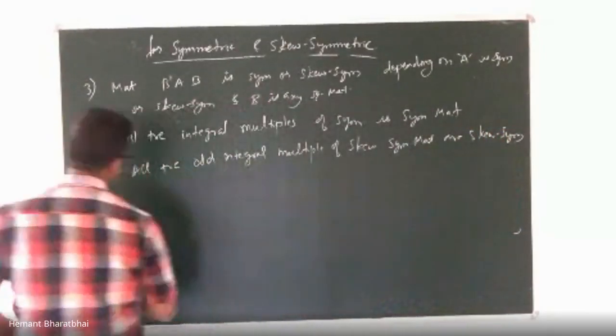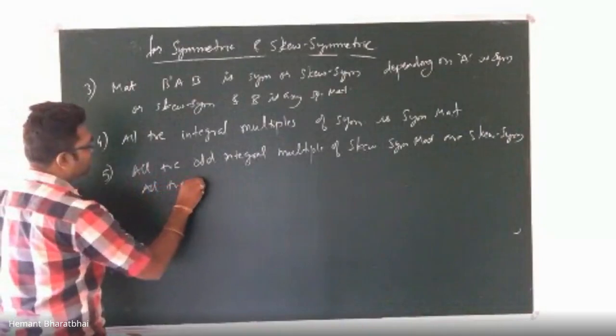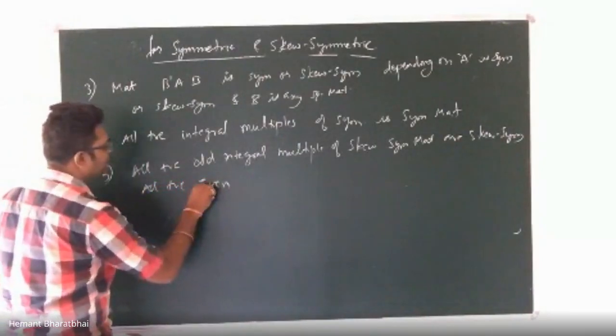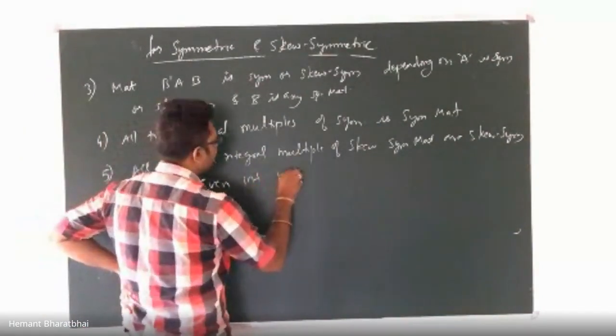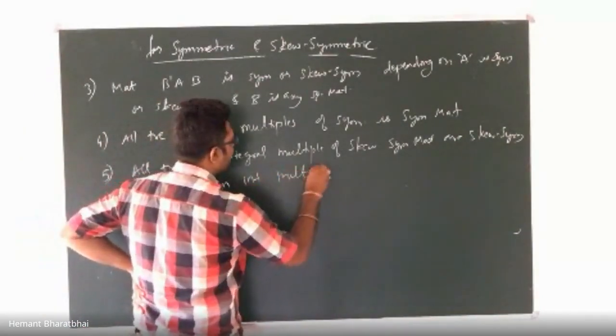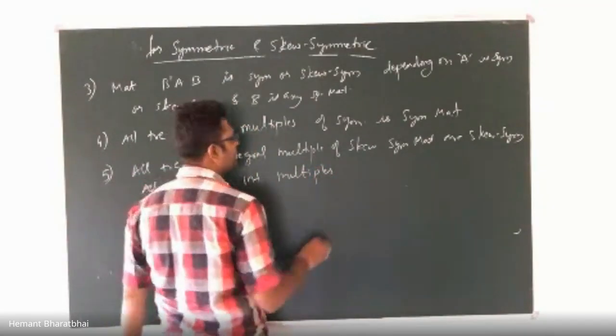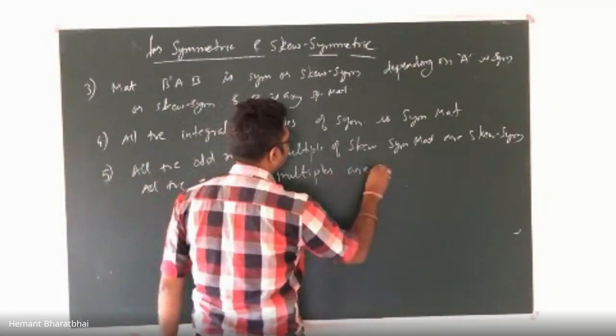Whereas all positive even integral multiples are symmetric.